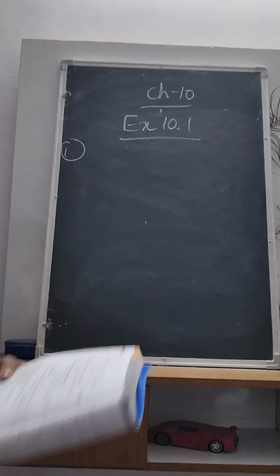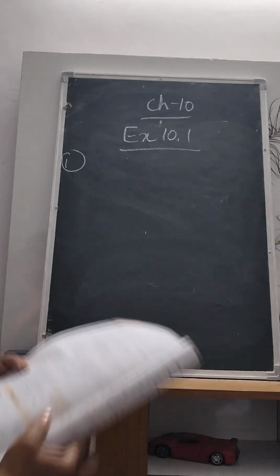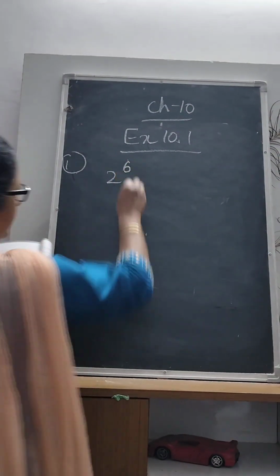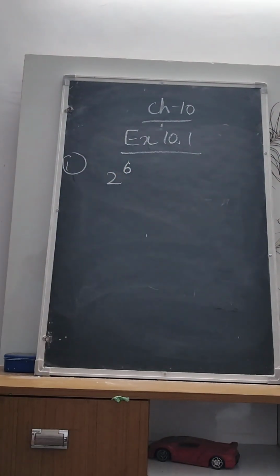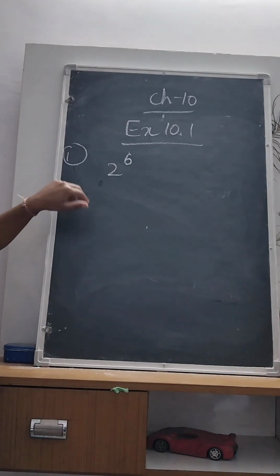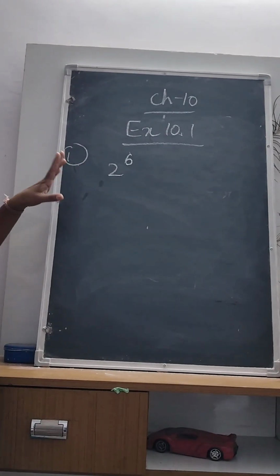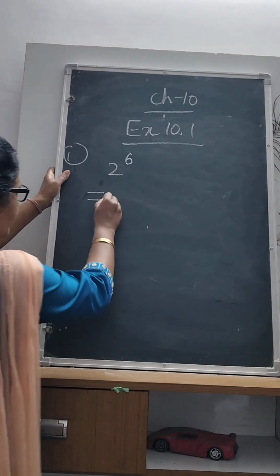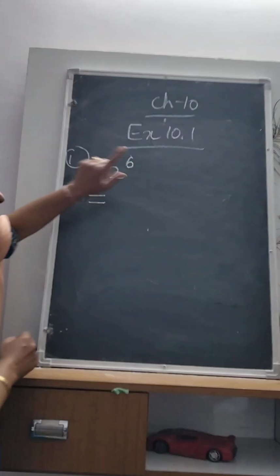First of all, find the value of 2 raised to power 6. Find the value means to solve, simplify, evaluate. Now base is 2, power is 6.